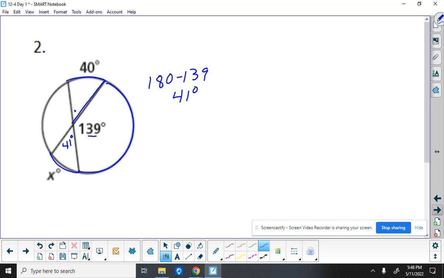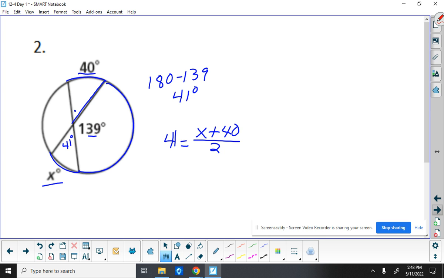Okay, and so now I can do the piece where I'm looking at that angle being 41 equals, and I'm going to add the two intercepted arcs, x and 40, and divide it by 2. I couldn't do it with the 139 because it's not the one with those two intercepted arcs.